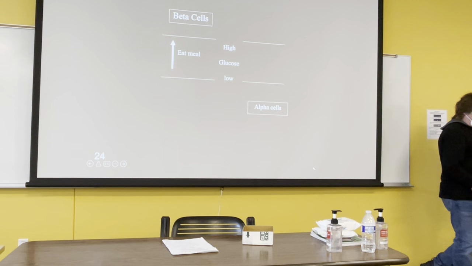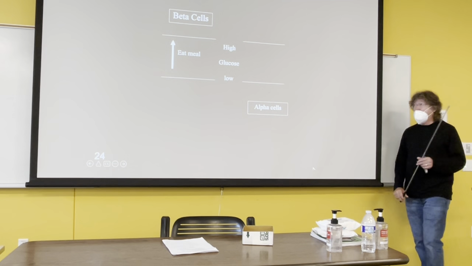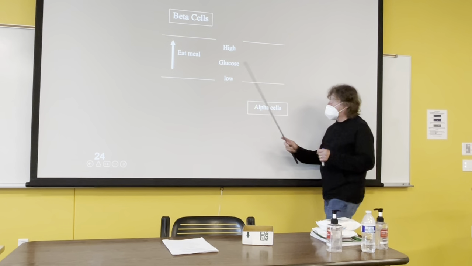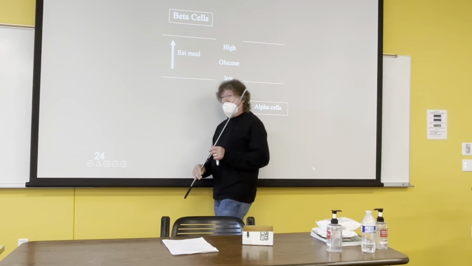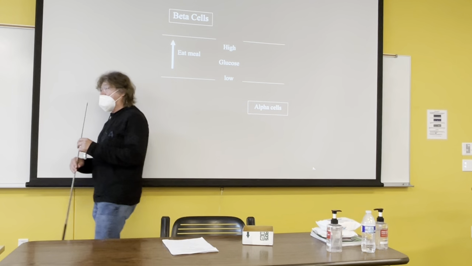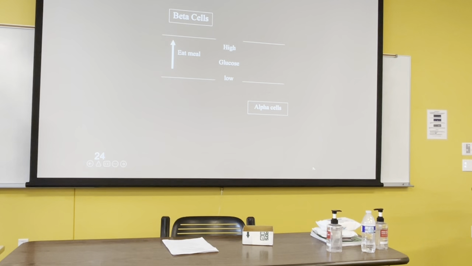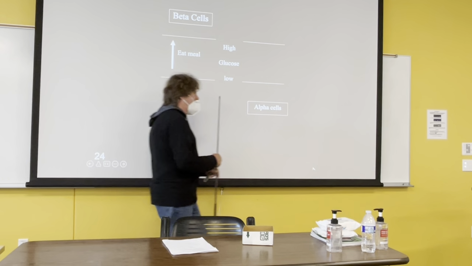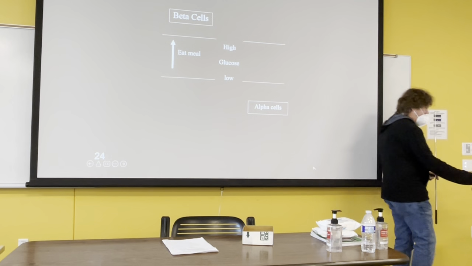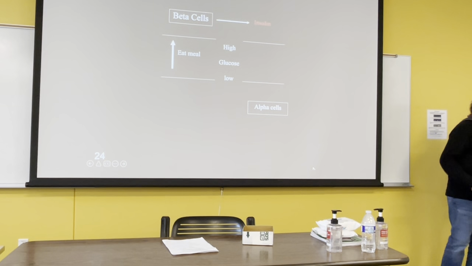So if you eat a meal, all that food, which includes a lot of glucose, goes through the hepatic portal vessel to the liver, and most of it is taken out. However, not all of it is. So after a meal, your blood sugar can go up, and if it reaches a certain level, then the beta cells are stimulated to release insulin.